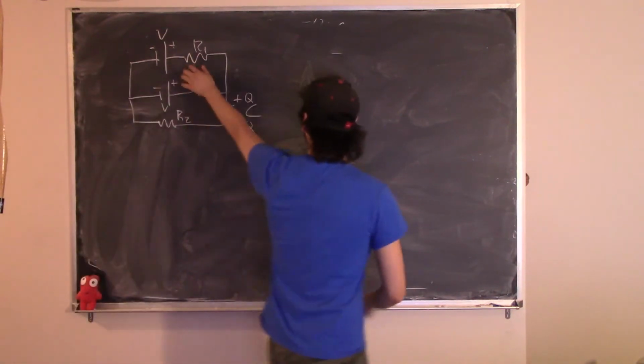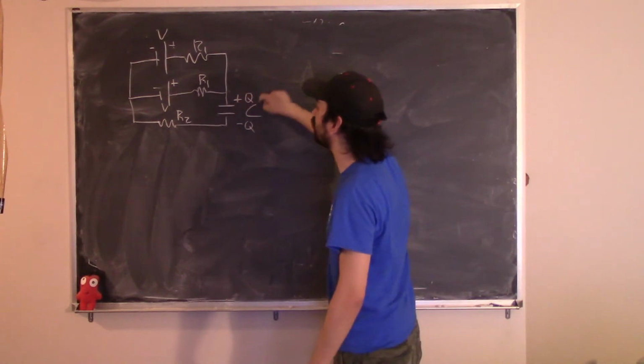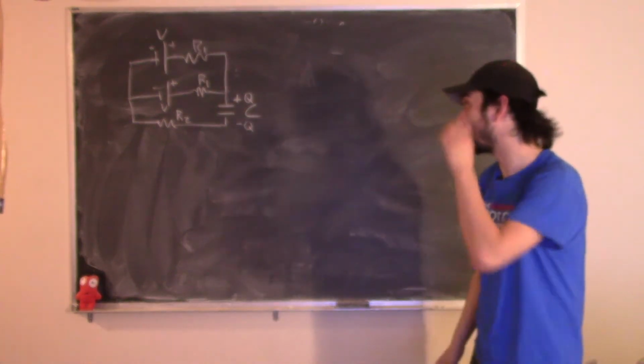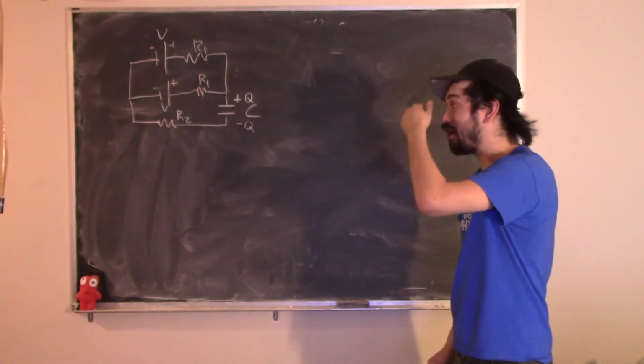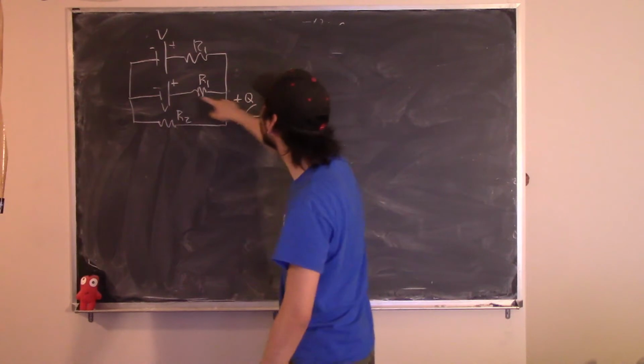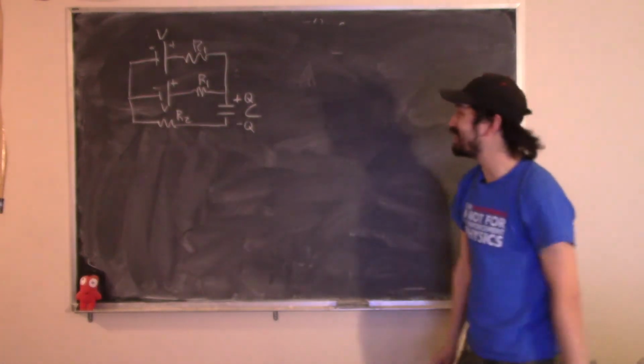And so if you have the positive end of the battery, what's really going to happen is it's going to put a positive charge here. That was something I kind of swept under the rug, but you can choose it however you want. If these are positive, this is positive. But it's not always easy to see that.